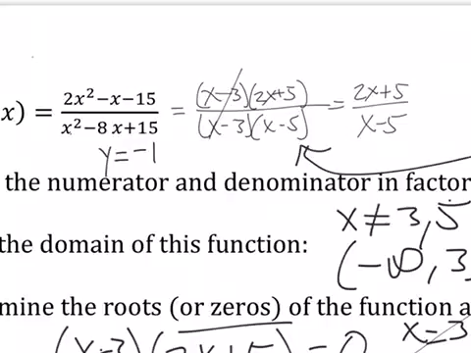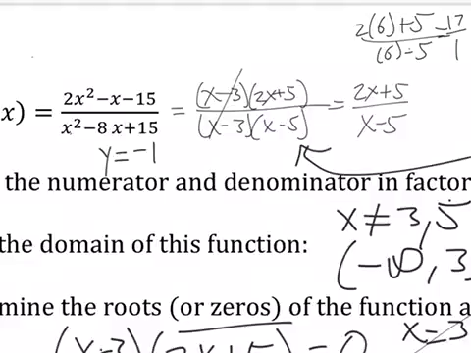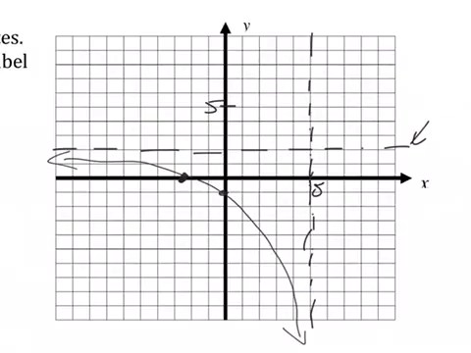You can plug it into either one of these. Let's plug it in the simple one: 2 times 6 plus 5 all over 6 minus 5. Well, that's 12 plus 5 is 17 on top over 1. So that's the point (6, 17). That's way up here off the charts, okay? So that is going to be good enough.